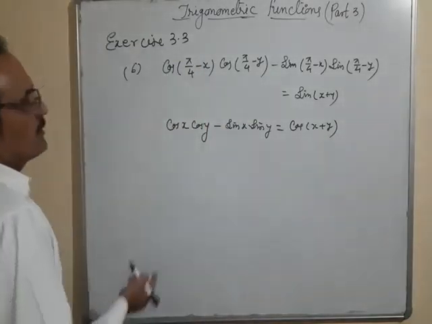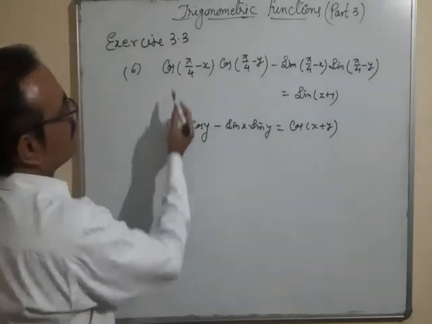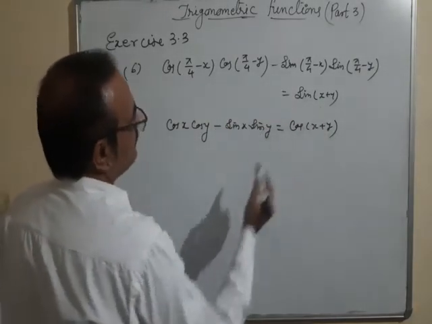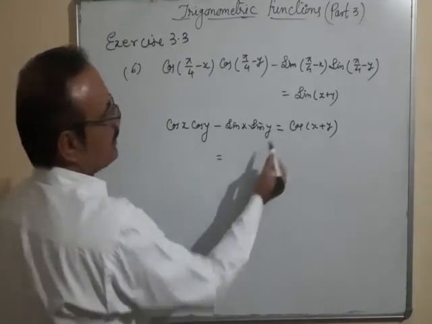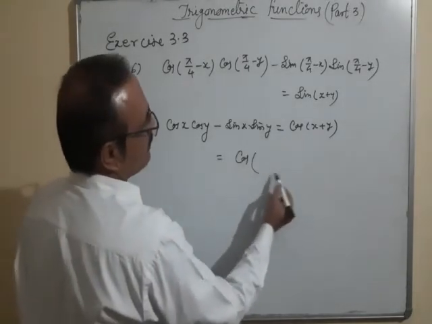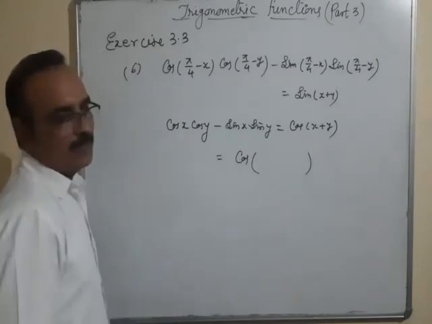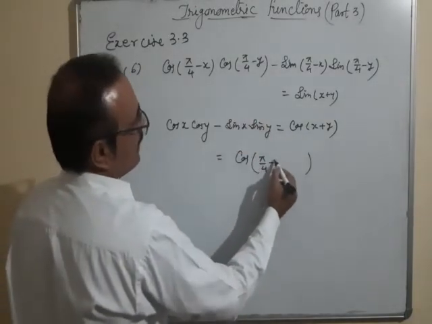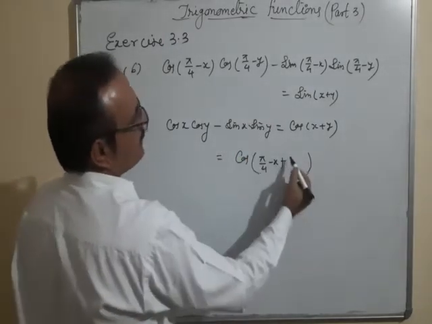So we are using this formula cos A cos B minus sin A sin B, and directly I put the value, cos(x plus y), where x is pi by 4 minus x and y is pi by 4 minus y.